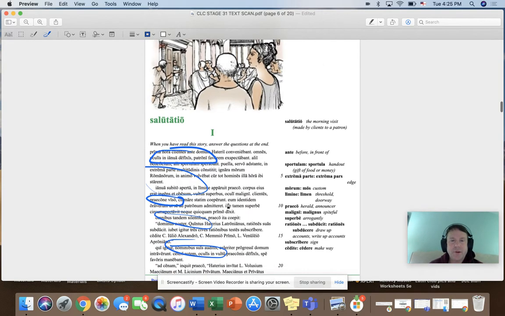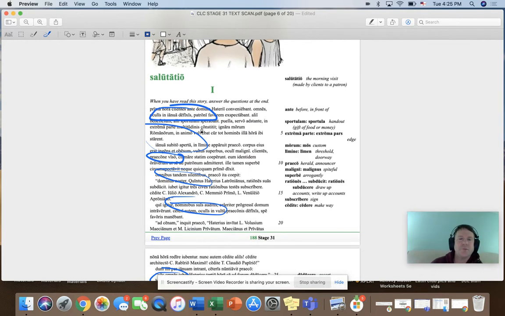If we keep going in Salutatio 2, we get a whole bunch more examples. With eyes fixed on the door. Now notice we've added something in the middle there, but it's still the same: with the eyes having been fixed on the door. Here, ianua subito aperta, with the door suddenly opened. And here, praecone viso, with the herald having been seen.